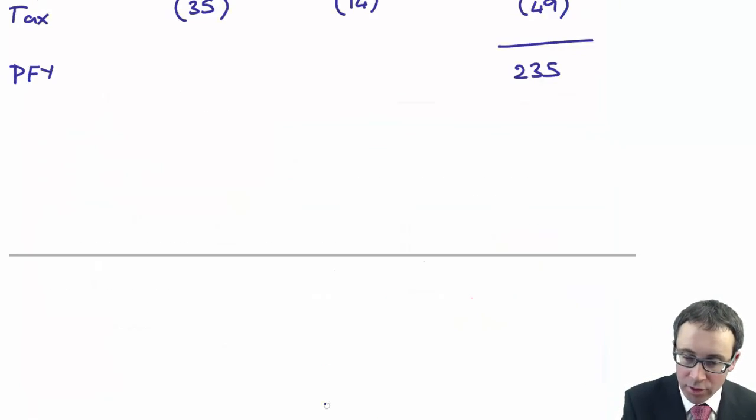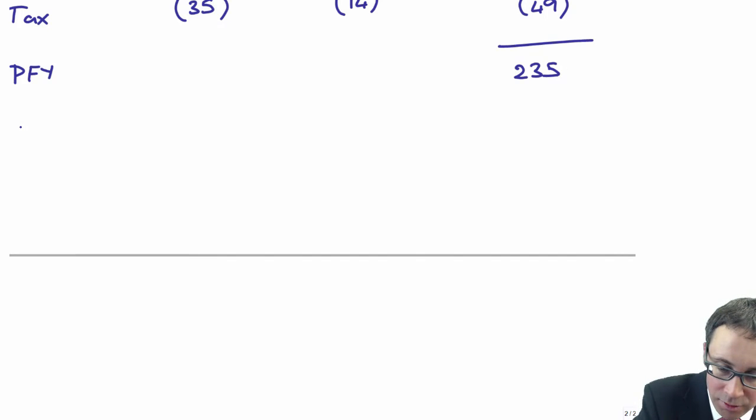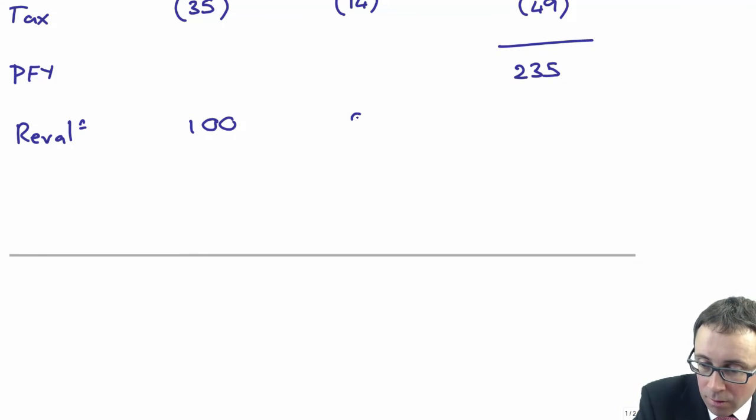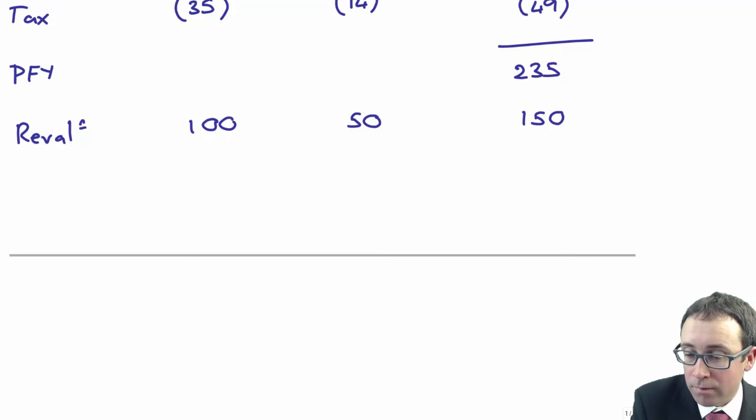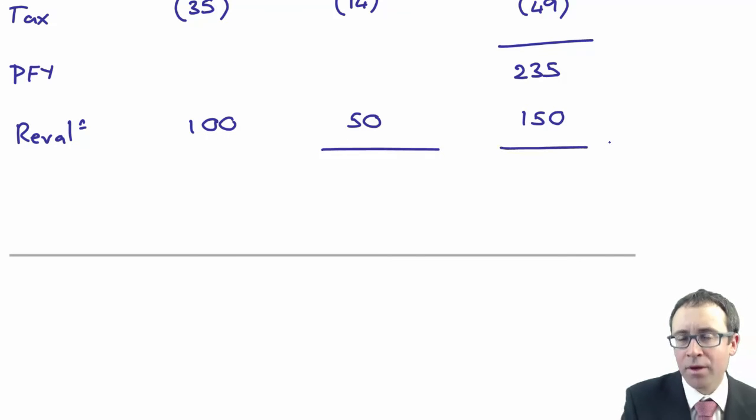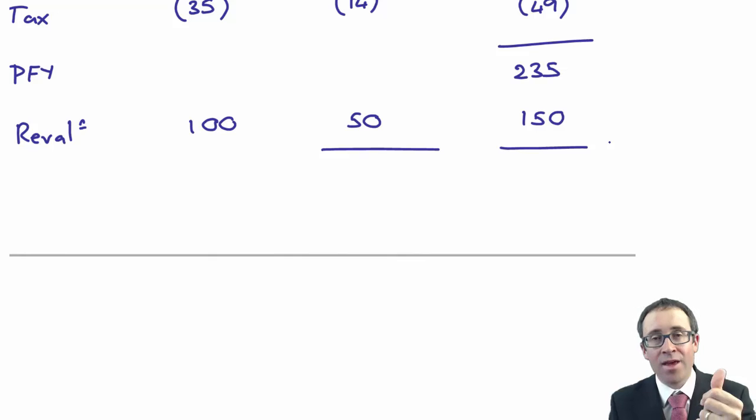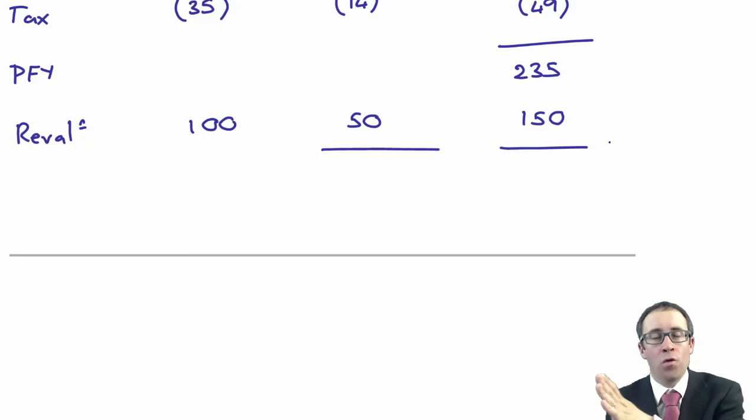Now this is where you just need to be careful, because when you've got your revaluation, so it was 100, you have to put in the 50 in full. Why? Because the revaluation took place at the year end. Okay, so at that instant, the asset had gone up in value by 50 million. It's not something that's accrued over the year, is it?